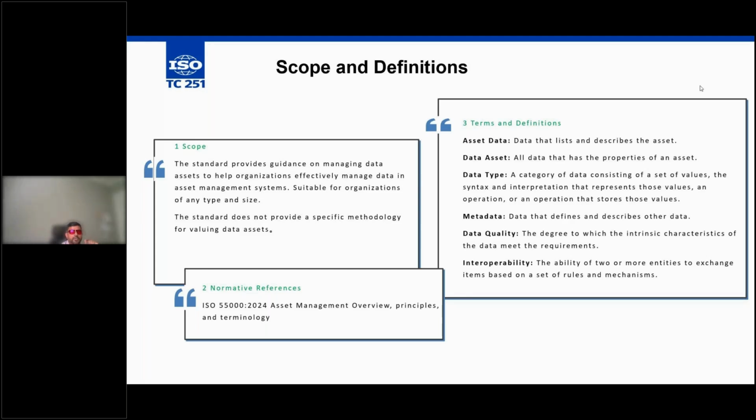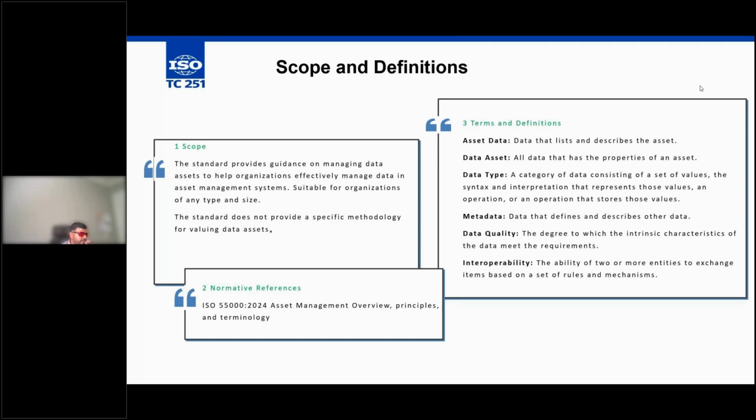And as we all agreed after numerous conversations and debates, value is something that an organization has to determine on its own, because it is subjective to the operating context, environmental context, and the legal context in which an organization operates. So that is not something that we as ISO can offer up, a methodology to value data.